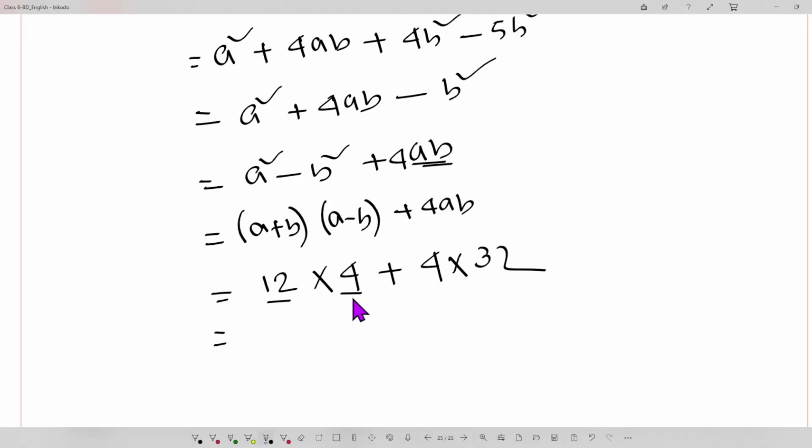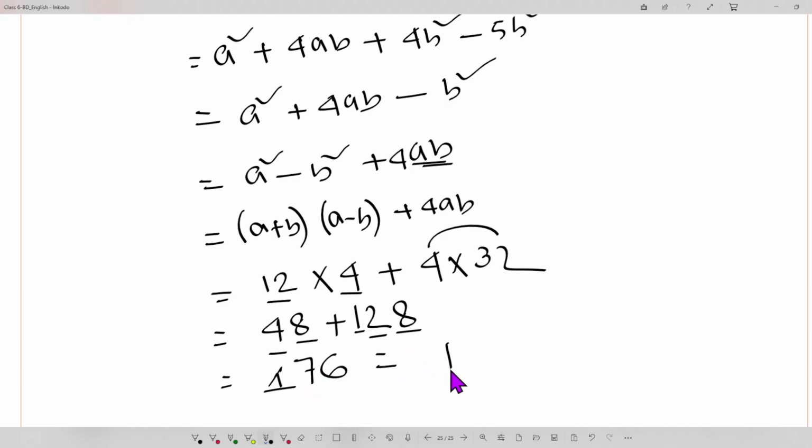So 12 times 4 is 48, plus 4 times 32 is 128, and finally, the right hand side is 176.